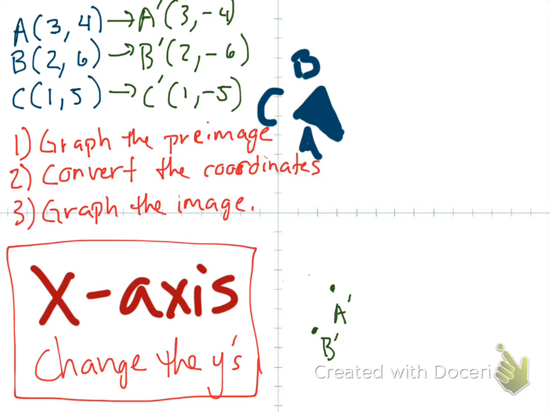That's B prime. And then you have 1, negative 5, which is here. And that's C prime. We'll color that in to make it beautiful. Look at that. That is so amazing. You see, this is why I teach math, because I'm a terrible artist. Alright, now this is a reflection over the x-axis.